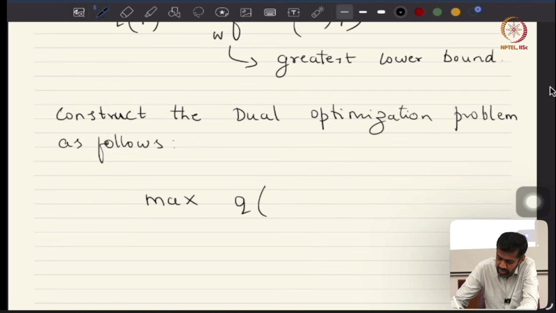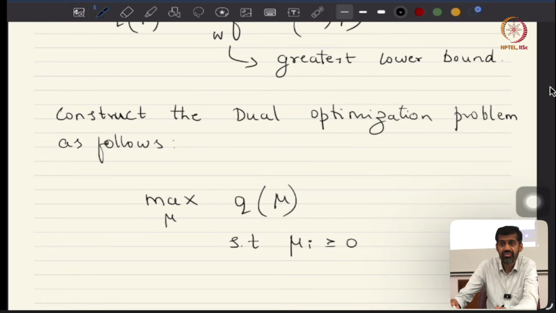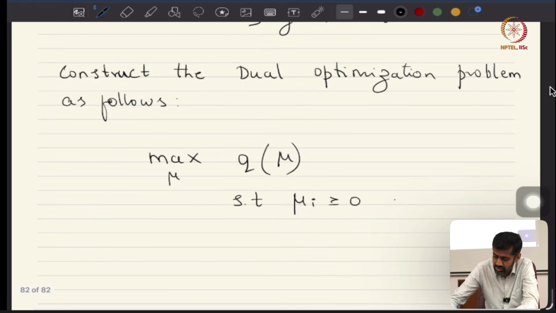Maximize this dual function with respect to the Lagrange multipliers, subject to the fact that the Lagrange multipliers are non-negative. That's it. So this is the dual problem.